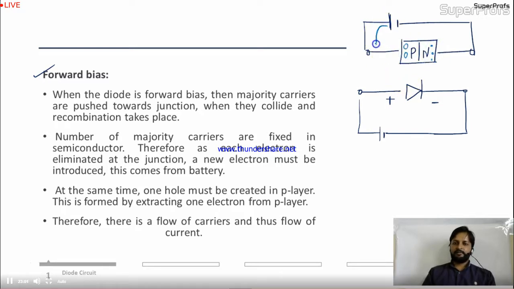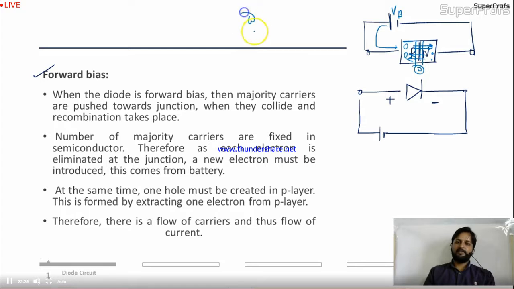So because of this positive terminal, the holes will be repelled and will move into the N region, and electrons, because of this battery, will move to the P region of the diode. Okay. So in this case, here is the depletion layer with width W, it will be narrowing. As you increase the forward biasing, the depletion width will decrease.